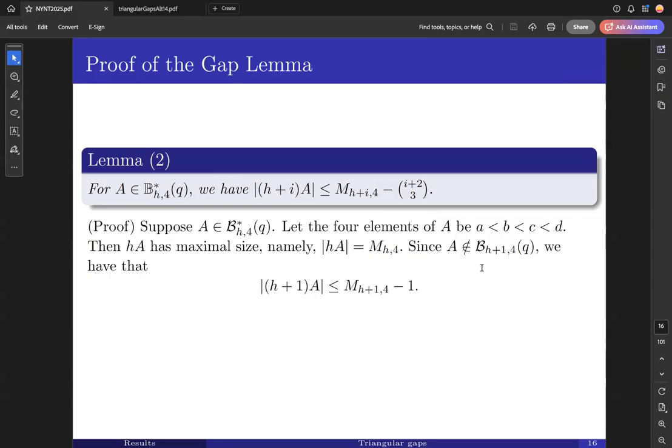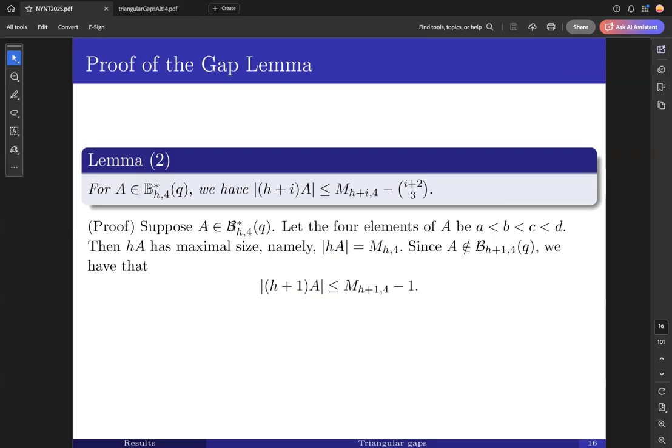So a loose proof, a sketch of a proof: suppose I have a set in B_h star. So this is a B_h set that is not a B_{h+1} set. I'm going to suppose the four elements are in increasing order A, B, C, and D, and I'll suppose that A has maximal size.